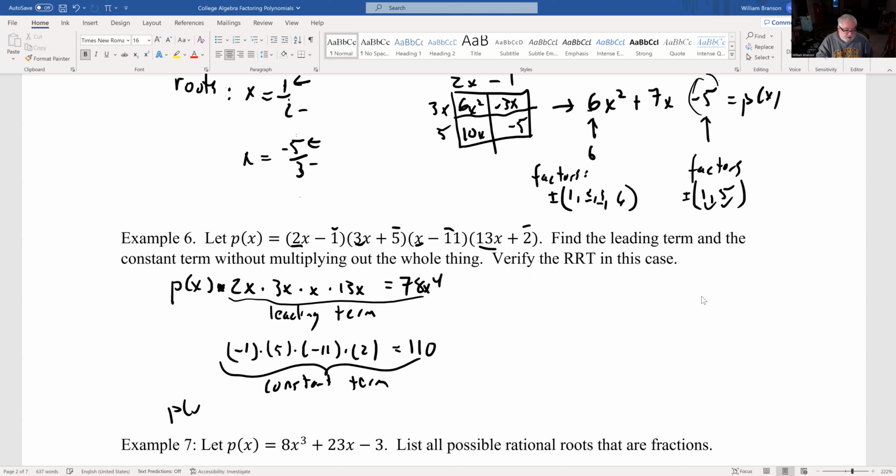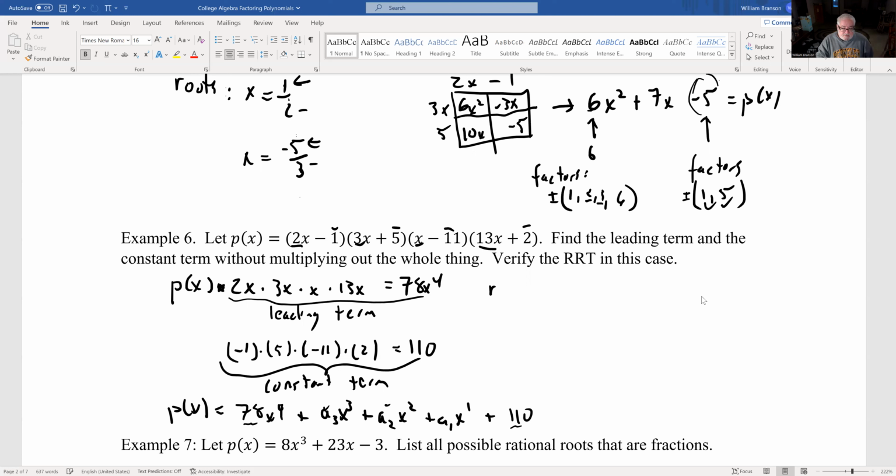If you multiplied out the polynomial entirely, you get 78x to the fourth plus something times x cubed, plus something times x squared, plus something else times x to the first, plus 110. And I'm not going to calculate what these three numbers are because I'm only interested in these two.